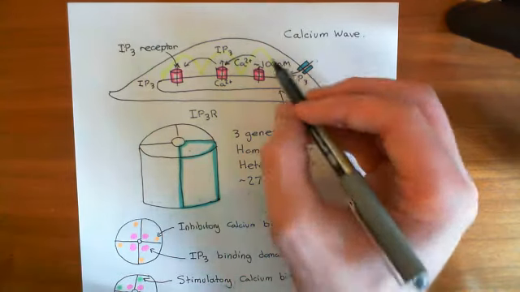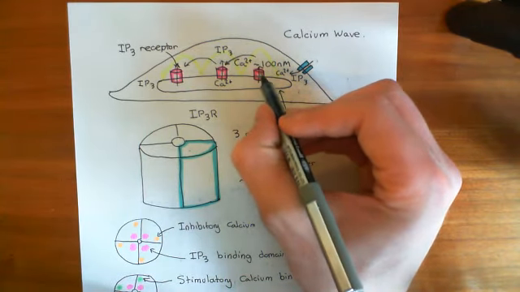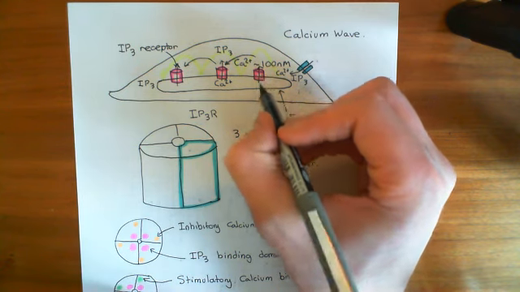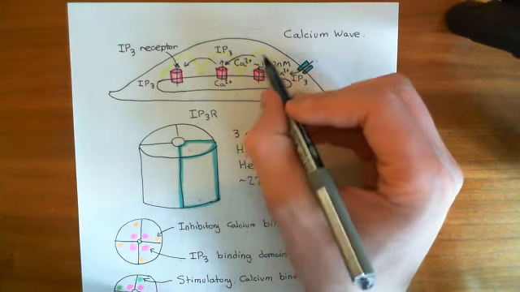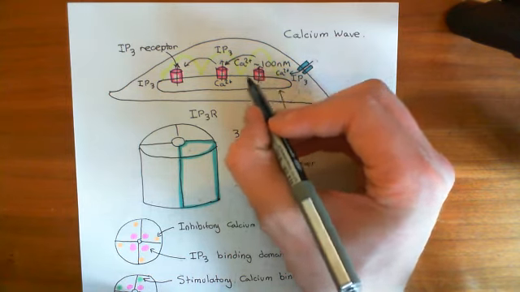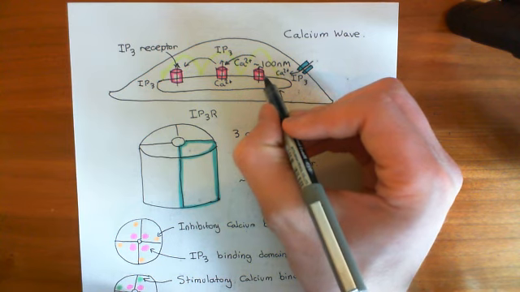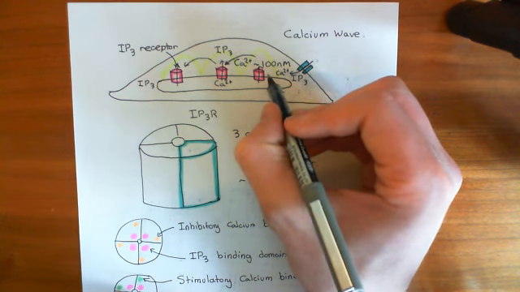So, initially, low concentrations of calcium activate the stimulatory calcium binding sites. The IP3 receptor releases calcium, causes this calcium blip, but as the calcium builds up in the vicinity of the IP3 receptor, it's going to negatively feed back on the IP3 receptor and cause it to close.